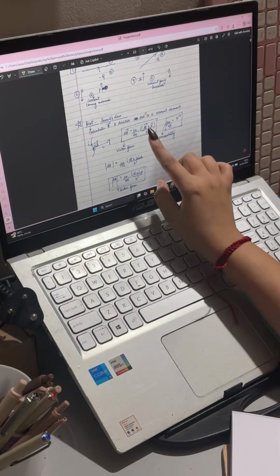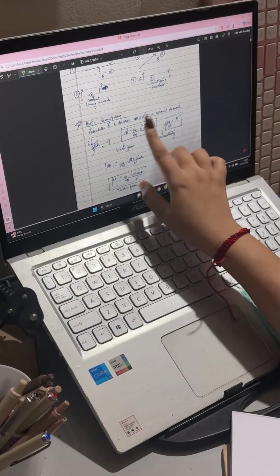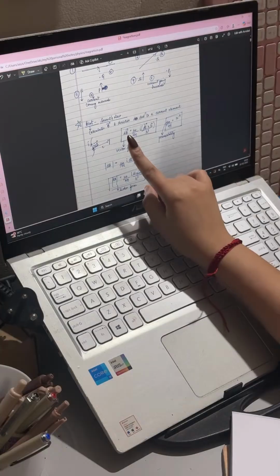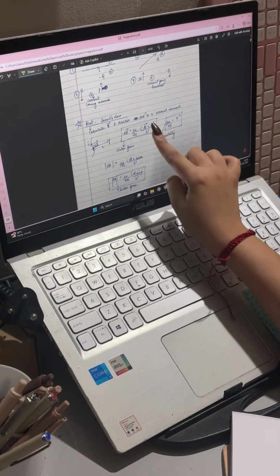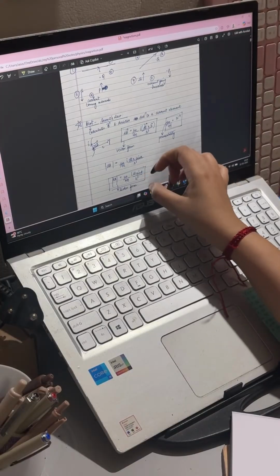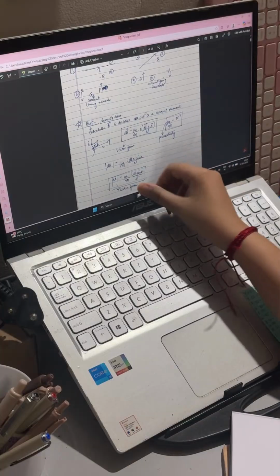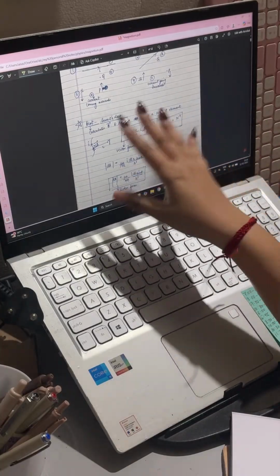So in it there is a cross, dl cross r, over r cube. Remember, this is the vector form of the Biot-Savart law. But usually the formula we use, if we remove the cross, we can put sine theta, and we get r square, because r and r get cancelled. So we get the scalar form of the Biot-Savart law.